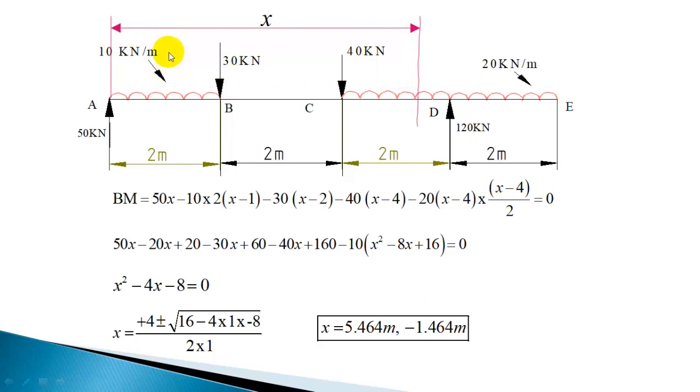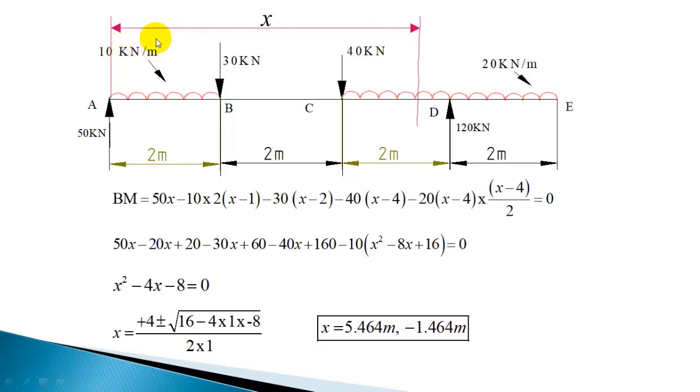So the 20 kilonewton, we know it is acting at a distance of 1 meter from the left hand. So from this section the distance is going to be x minus 1 meter. So it is acting here, and from here the distance is going to be total x minus 1. So you have to subtract these distances.